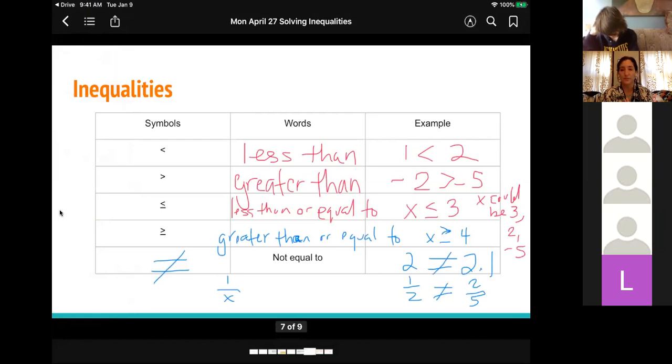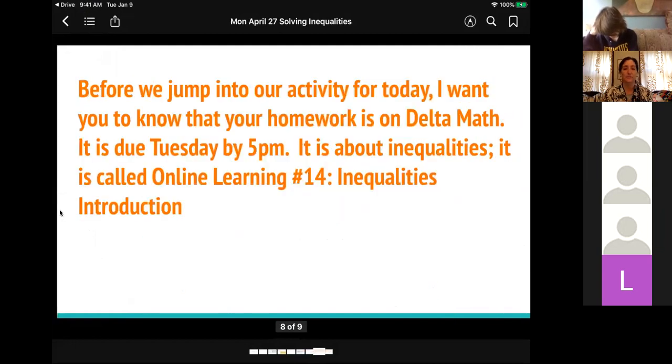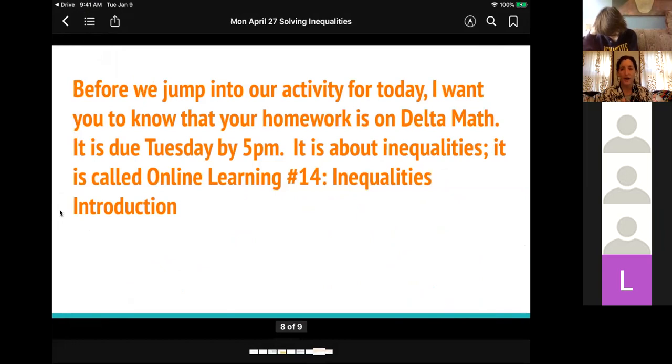Before we do the exploration, anybody need more time at the table? Before we do the exploration, I know I'll get caught up in the exploration, so I just wanted people to know that tonight your homework is a Delta Math activity on inequalities.